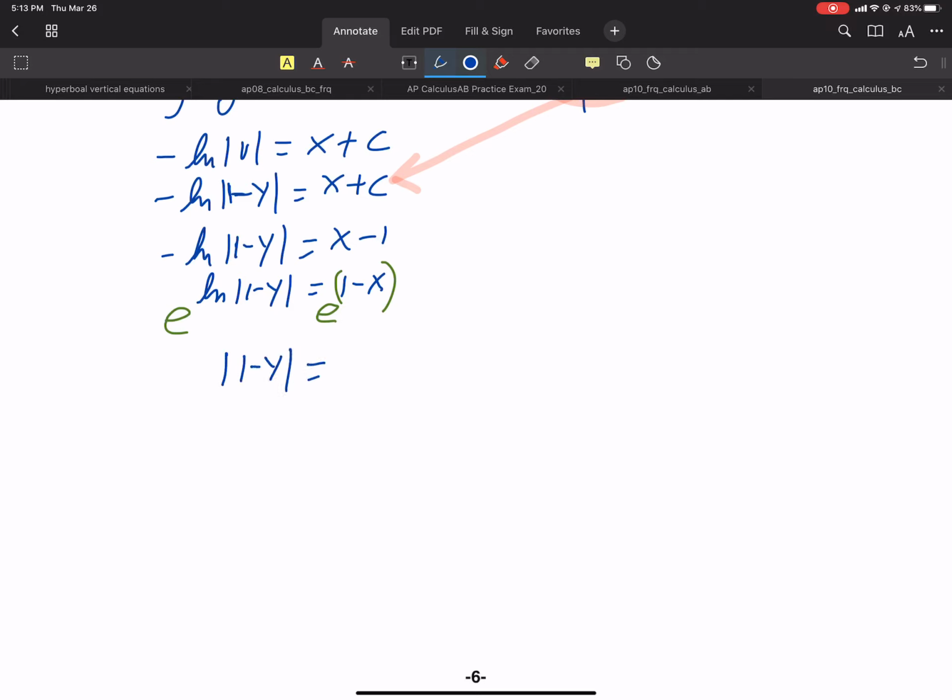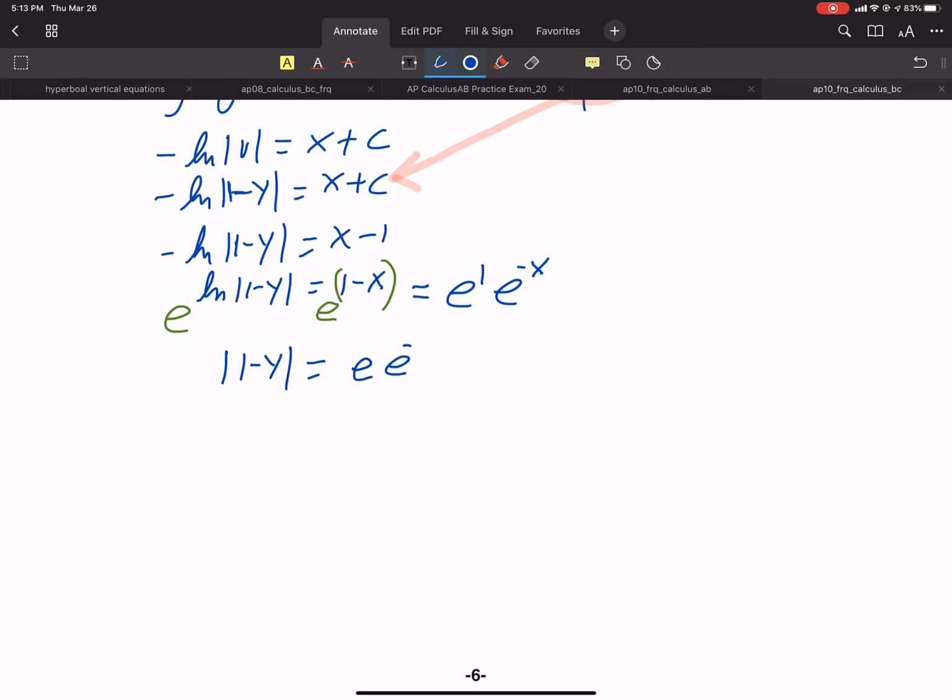And then here's what you have to realize. This is e to the 1 times e to the minus x. Because when you multiply exponents with the same base, you add the exponents. And 1 plus negative x is that. So we have this e times e to the minus x.